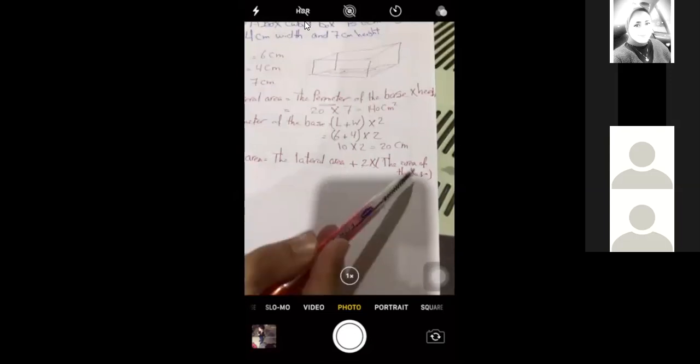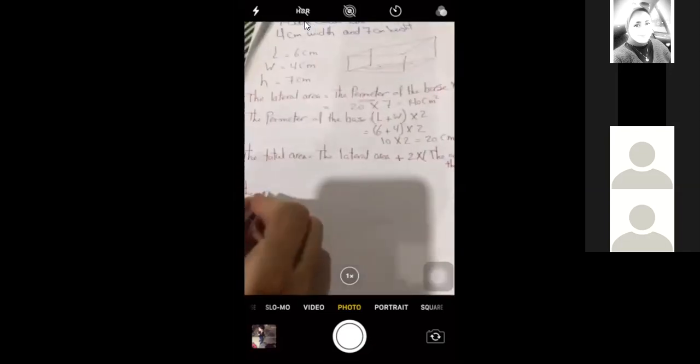Okay. The lateral area, I have it here. Plus 2 multiply the area of the base. Do I have the area of the base? No. So I should get the area of the base first.